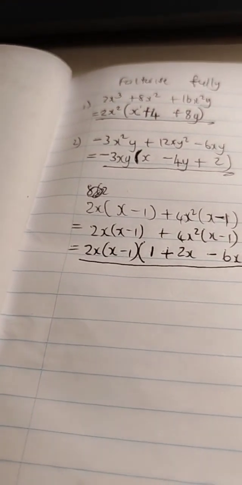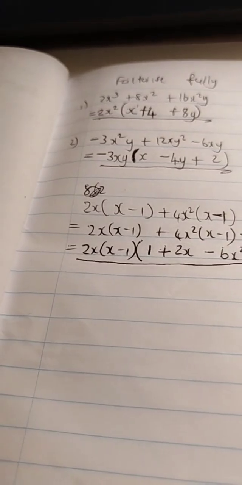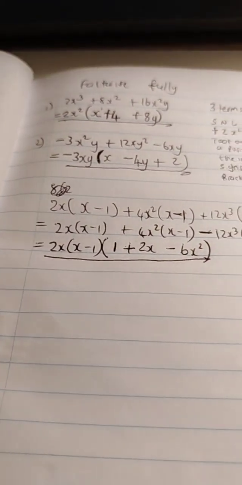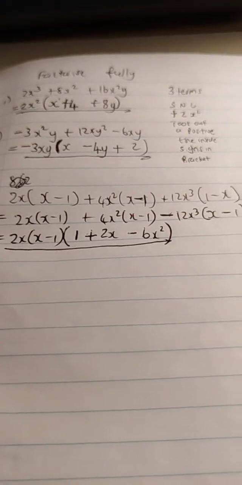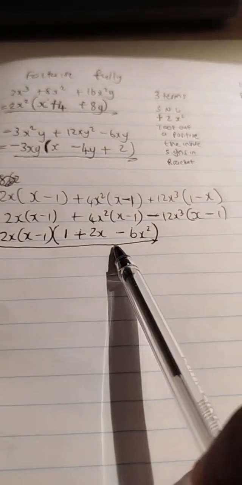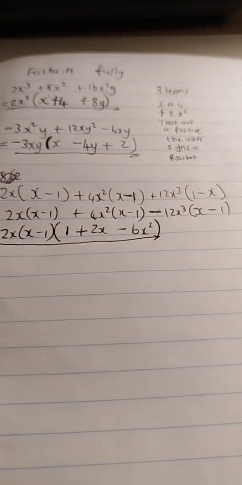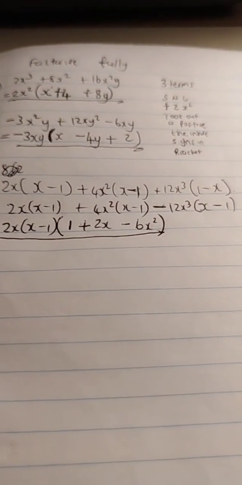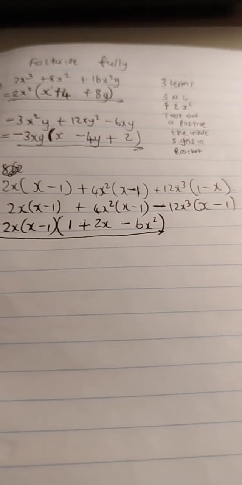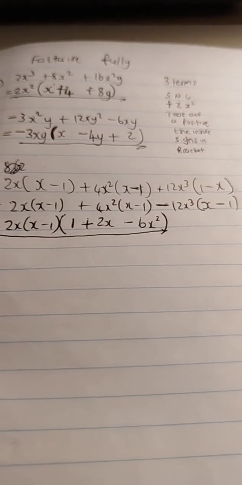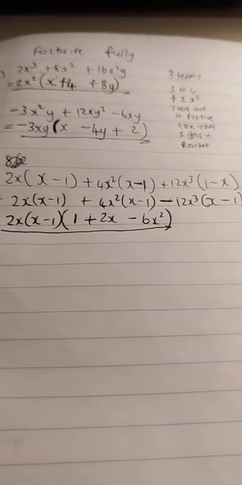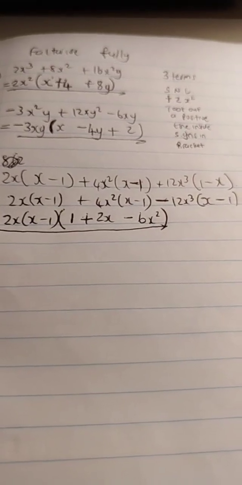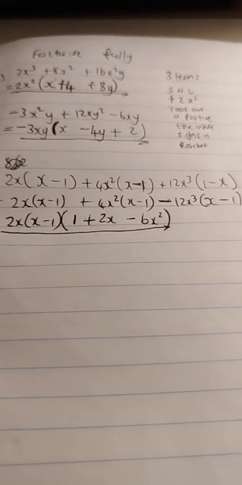How can it be factorized? 2x to the power of 2. What are you talking about?